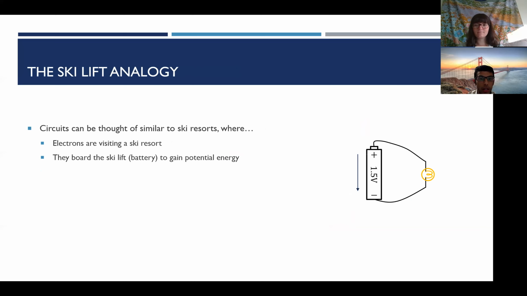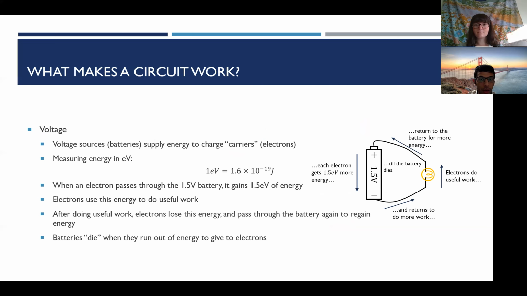If I go back here where I had all this text, you're going to see that each electron gets 1.5 electron volts of more energy. Remember, electrons are going from positive to negative, so going towards negative is giving the electrons more energy. But the current in the circuit is going to be flowing clockwise instead of counterclockwise.